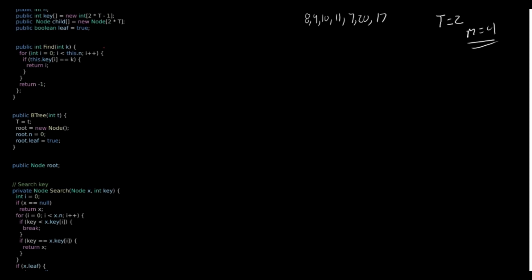So, alright. Once we do that, we initialize the root node. So T is 2, and let's just do it over here. So let's have a little bit more space. Root here is when we initialize the B tree.